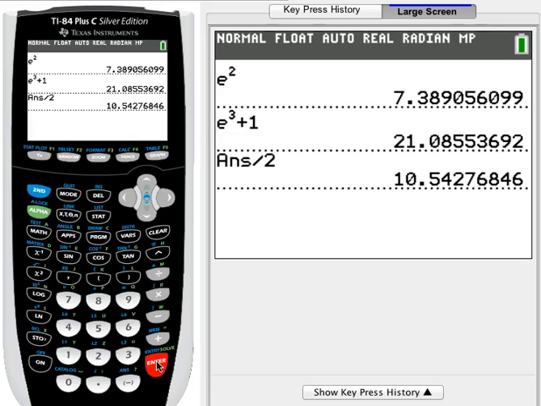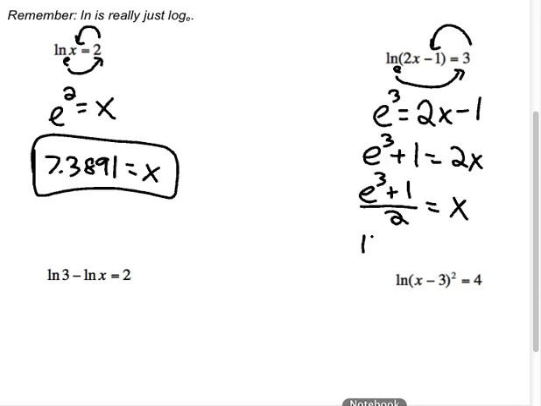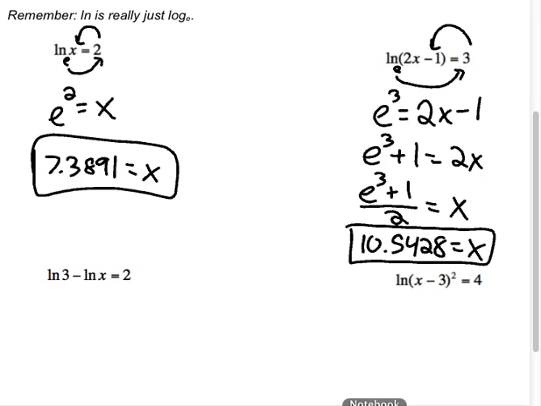And that'll help you make sure that you're doing it right. Or make sure you put the top in parentheses if you want to do it in one big step. But here we get 10.5428. And that is going to be our answer.